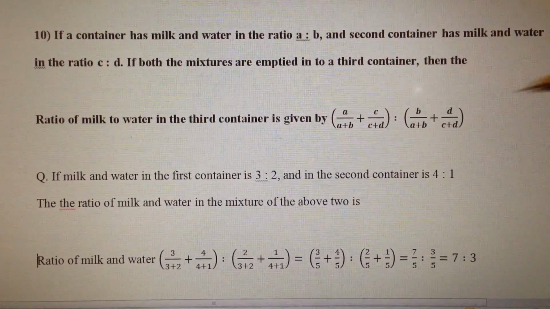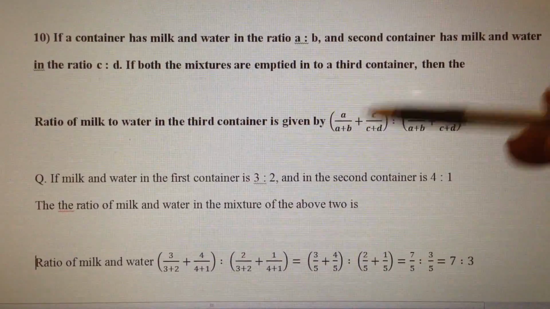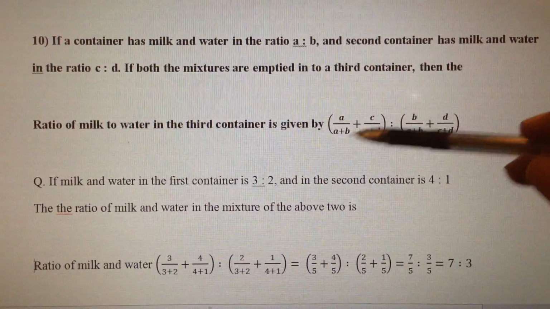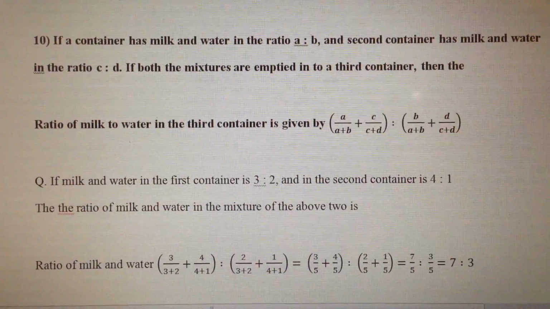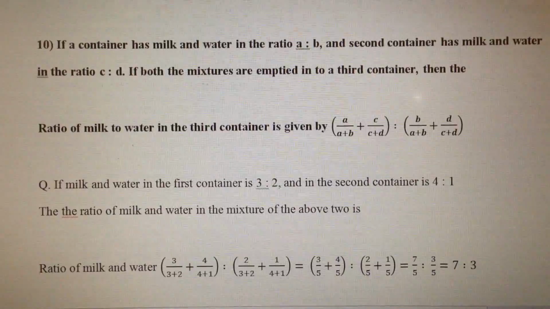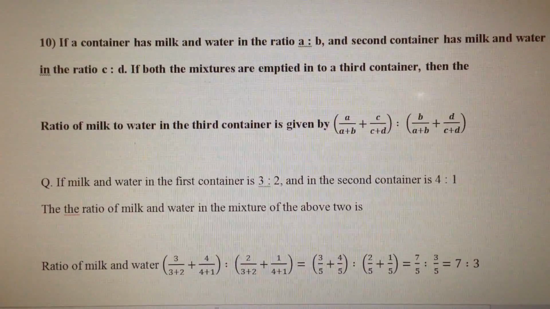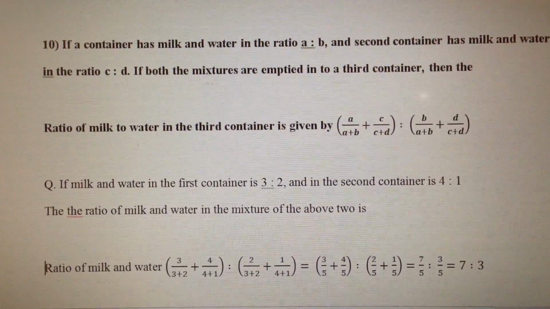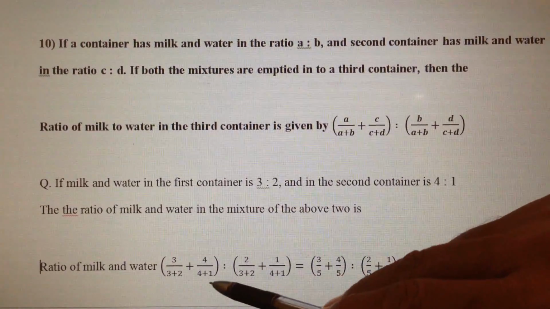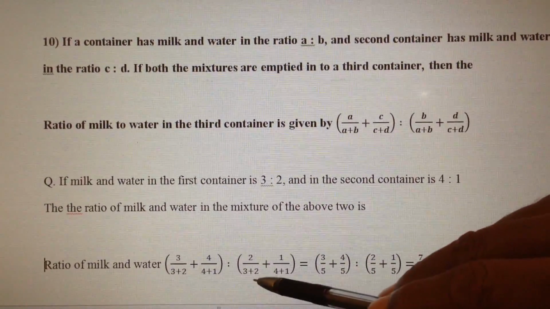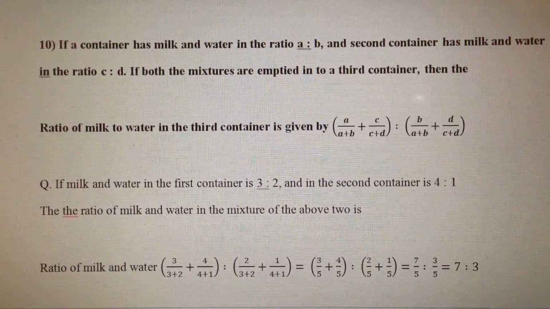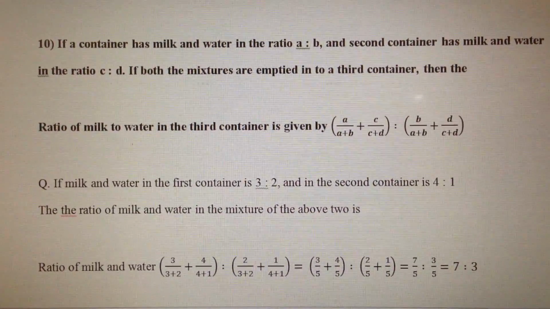Let us apply the same formula where A is equal to 3 and B is equal to 2, and similarly C is equal to 4 and D is equal to 1. We have to substitute these values in the given formula. Therefore, the ratio of milk and water is equal to 3 by 3 plus 2 plus 4 by 4 plus 1 is to 2 by 3 plus 2 plus 1 by 4 plus 1, which is equal to 7:3.